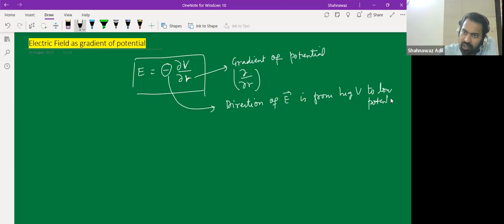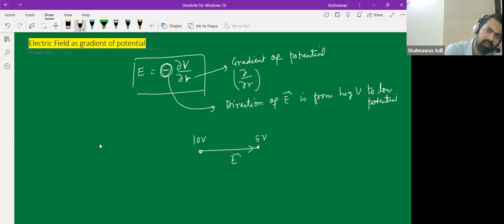So let's say that I have a potential which is 10 volt in here, and I have a potential which is 5 volt in here. So electric field will be in this direction, from higher to lower voltage, right? This is what we mean by this negative sign.